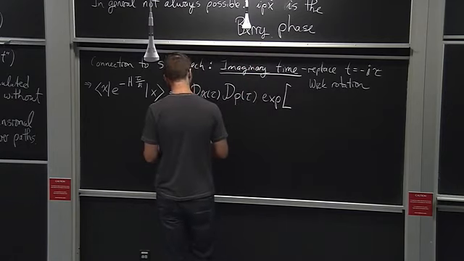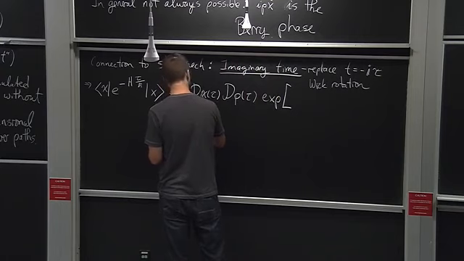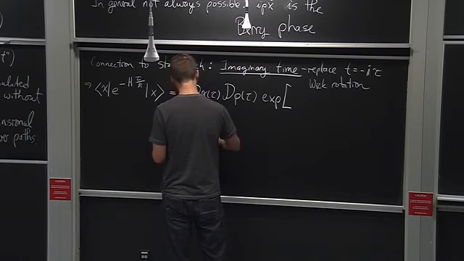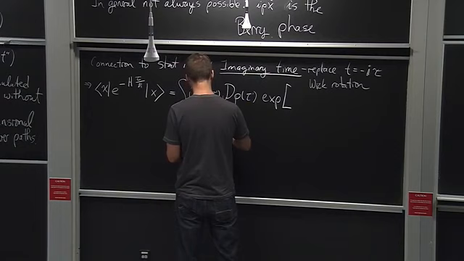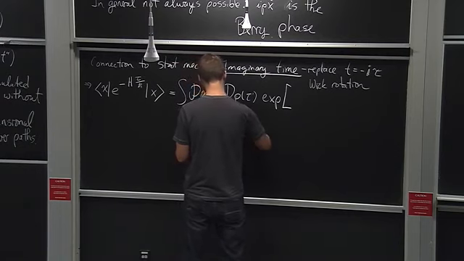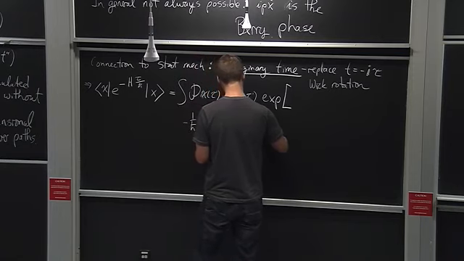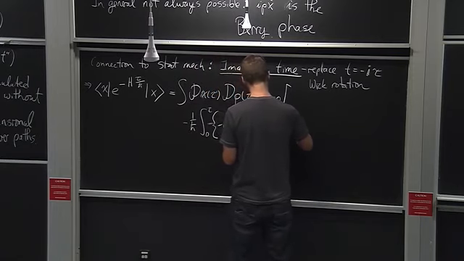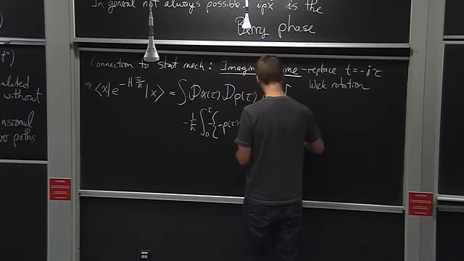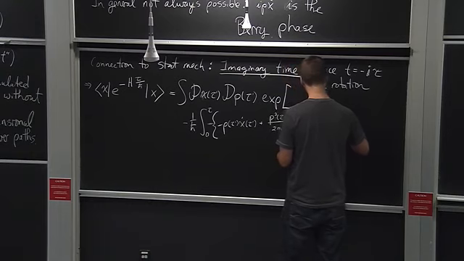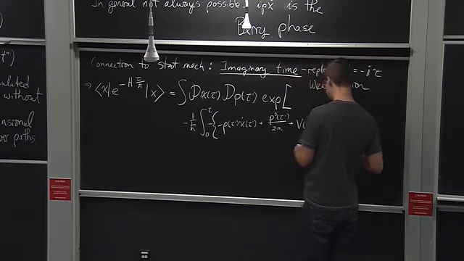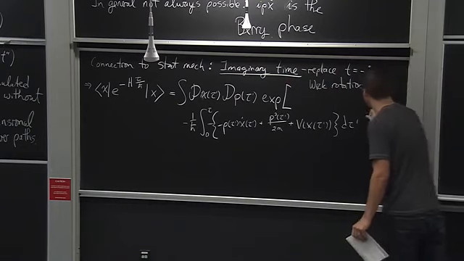Then inside the exponential, I'll have something like, if I got all my minus signs right, I better use tau primes here. I'll just write the Hamiltonian out in terms of operators so we get the signs right. D tau prime.